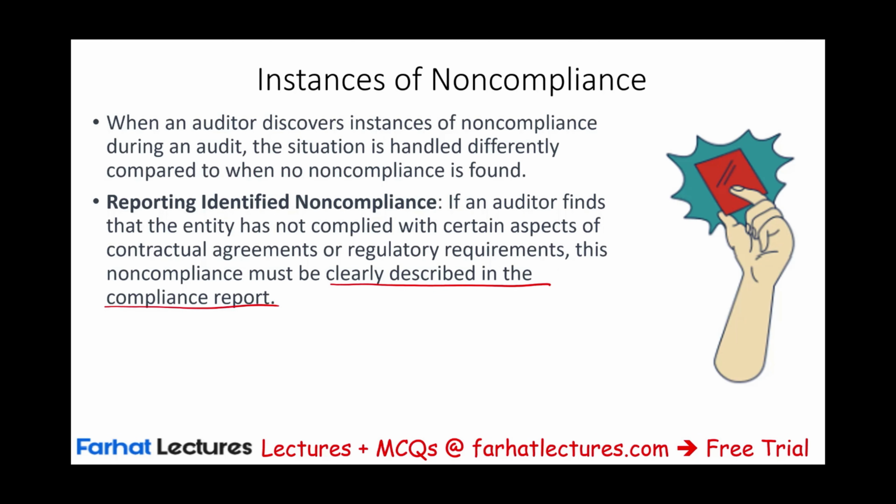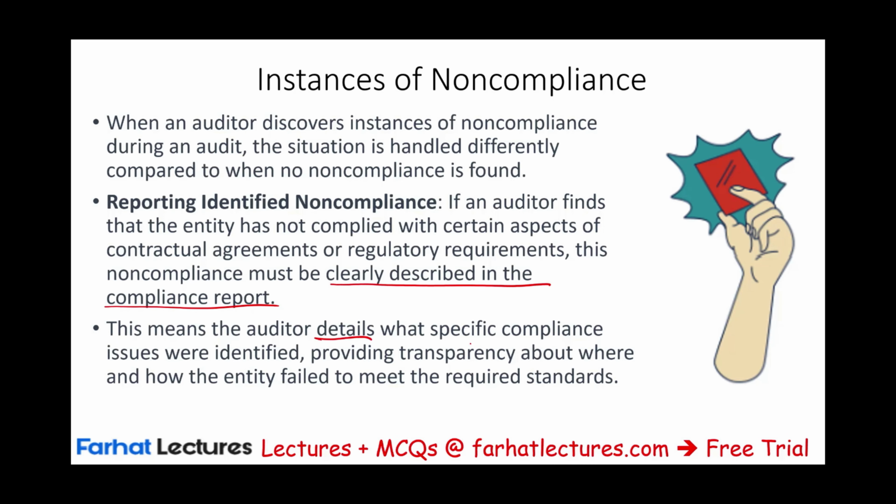So you have to explain what's going on. Well, they did not comply, and here's why. This means the auditor details what specific compliance issues were identified, providing transparency about where and how the entity failed to meet the required standard. That's what they have to do.